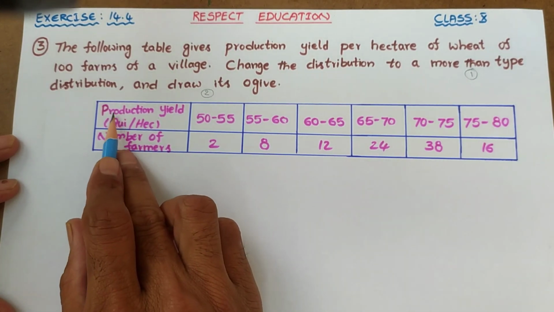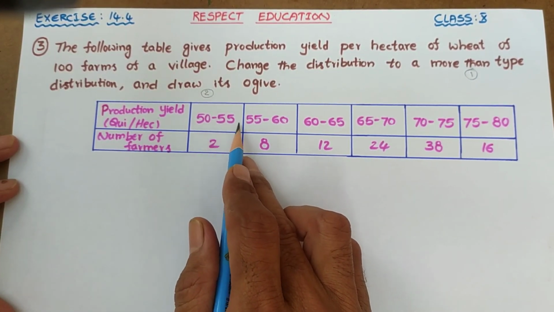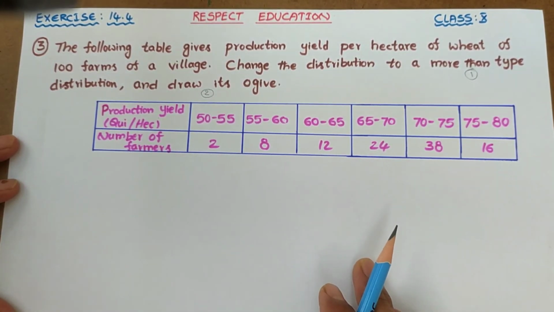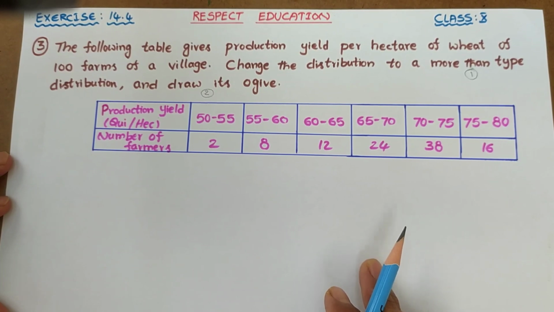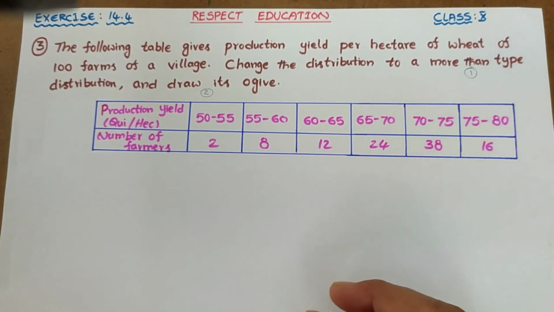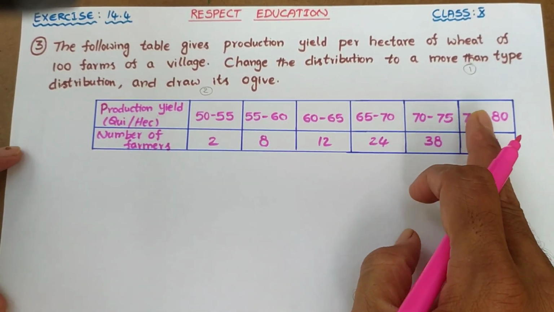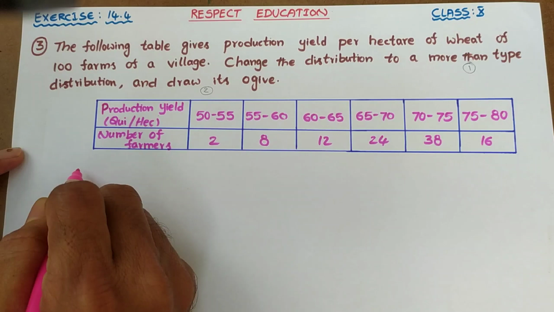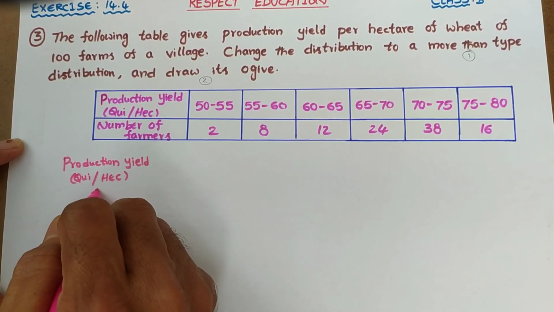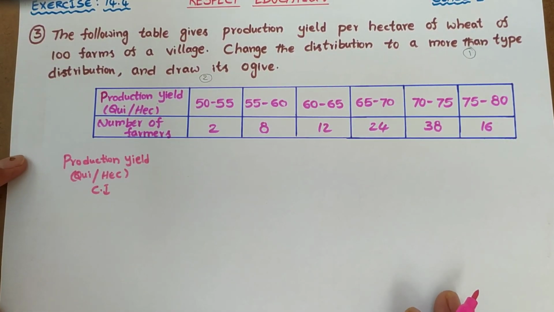Now here production yield, these many quintals per hectare, so this is the given data, and number of farmers also. Now here let us start solving this problem. First let us write this first row as the first column, that is, this can be taken as class interval, right?